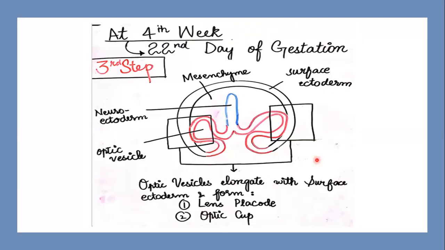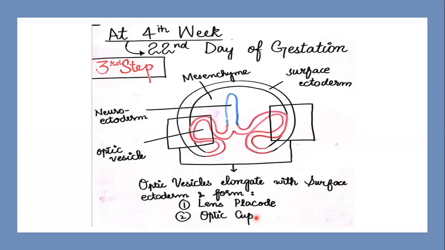Now when they are connected to the surface ectoderm, they will make two structures, right? Because in embryogenesis, this is the first stage, where the base of all the structures starts to be made. So what is happening over here is that this surface ectoderm and optic vesicle connection will make the lens placode, or the lens base, and the optic cup.